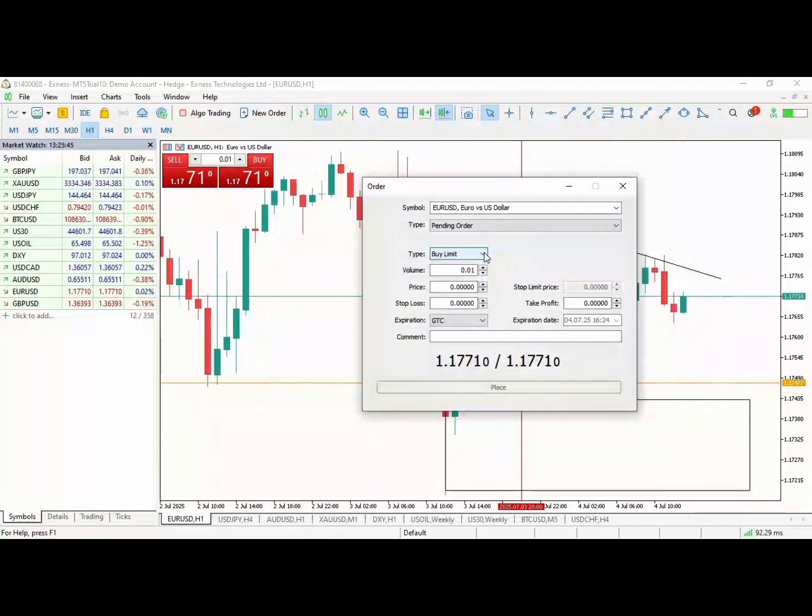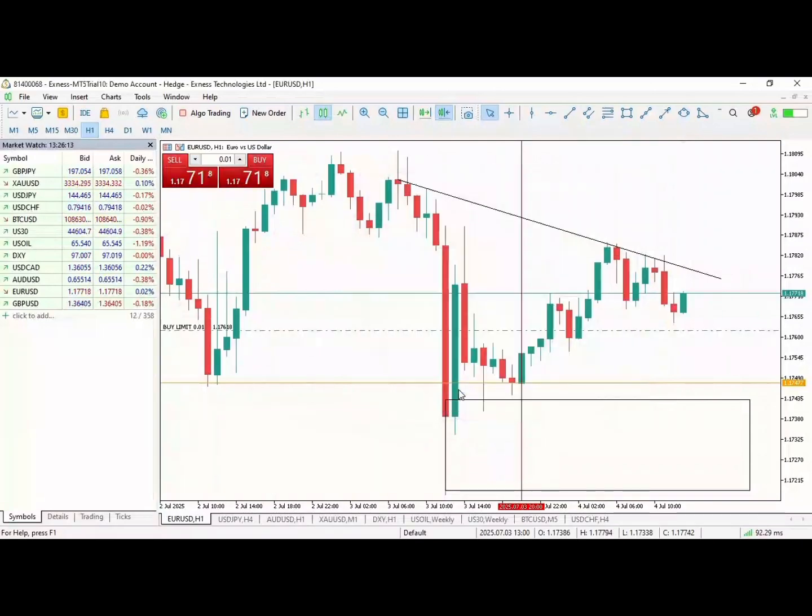So for the buy limit, okay, what a buy limit does is that if you put a buy limit, let's actually put one. Let me find a price. Let me put it at 7.6. Okay, it's here.